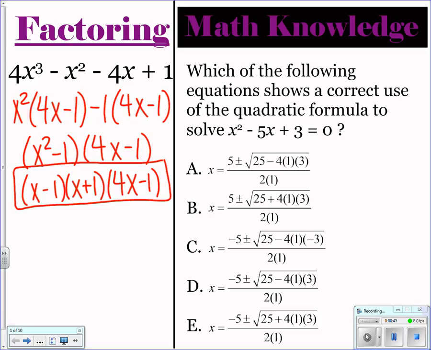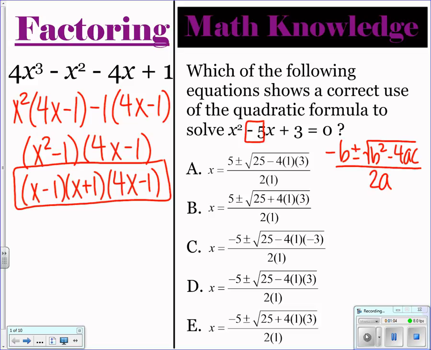For the math knowledge question, all it's asking about is the quadratic formula. Well, negative b plus or minus the square root of b squared minus 4ac all over 2a. That is your quadratic formula. So our b is a negative 5. So we are looking for a negative 5.